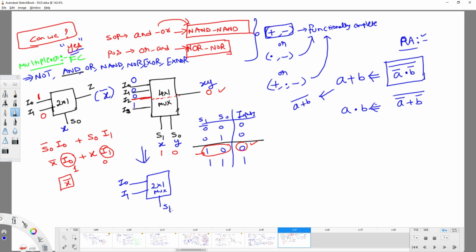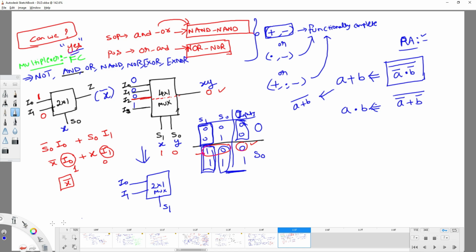If I take it as S1, for inputs S1 0 0, what are the respective outputs? 0, right? Means I can directly write it as 0. For the inputs 1 1, what is the output you are expecting? Which is the same as S0.